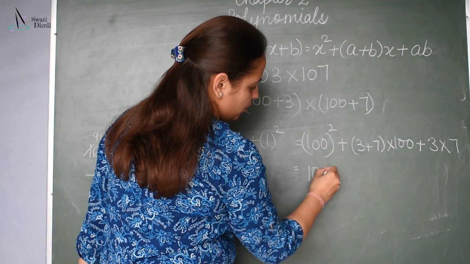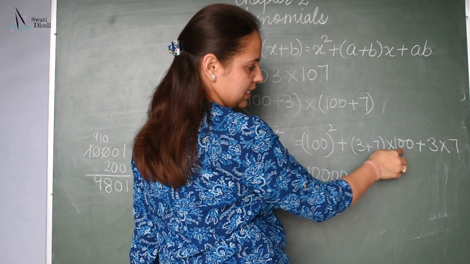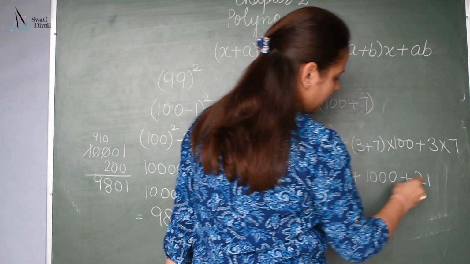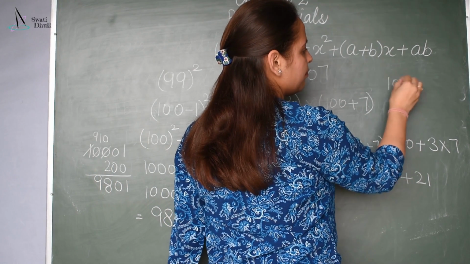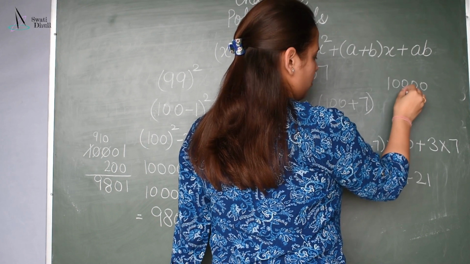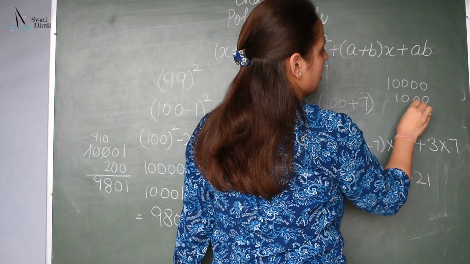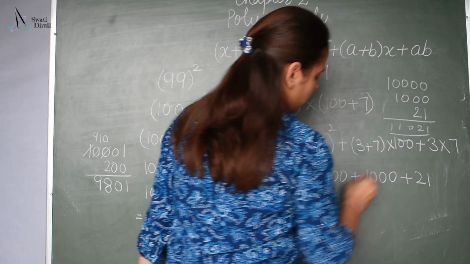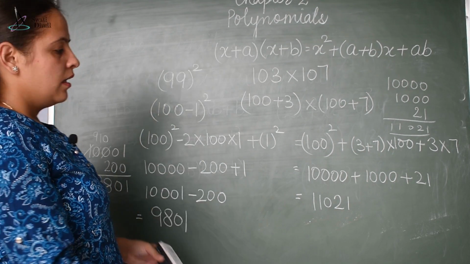So 100 square is 10,000, plus 3 plus 7 is 10 into 100 is 1000, plus 21. So now you can add them. What will you get? You can simplify 10,000 plus 1000 plus 21. So you will get 11,021.